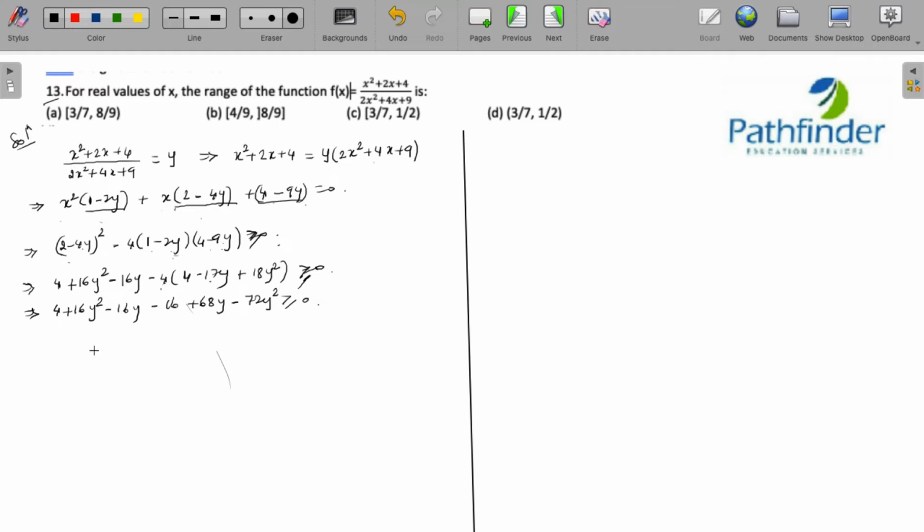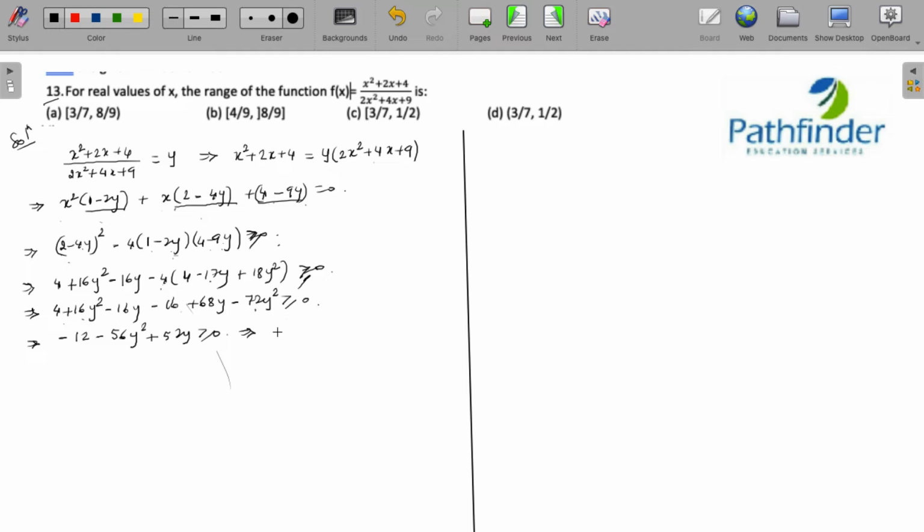What do you get now? You get 4 and minus 16 is minus 12. 16y square minus 72y square is minus 56y square, and minus 16y plus 68y gives plus 52y, must be greater than or equal to 0. You can multiply the entire inequation by minus 1, and when you multiply by minus 1, the sign of this inequality will change.